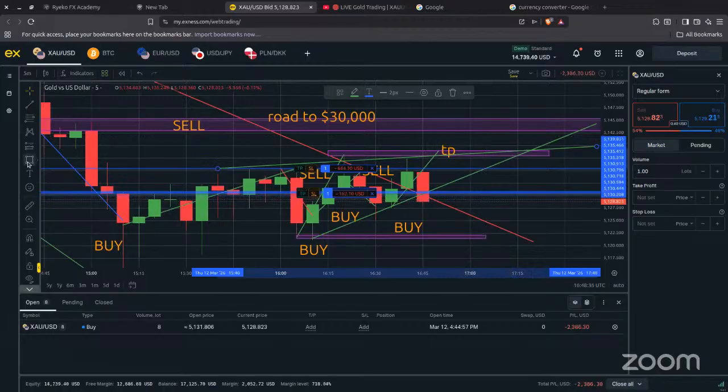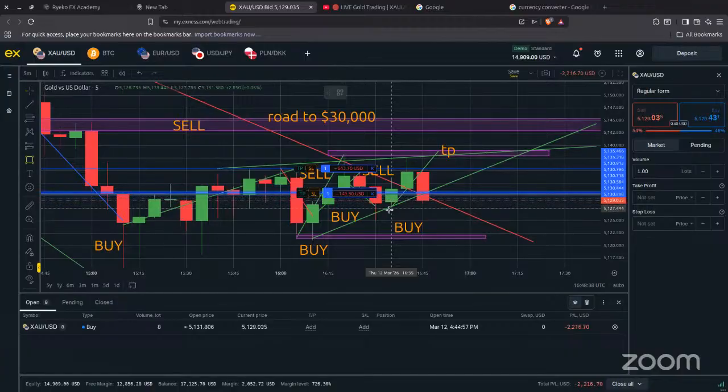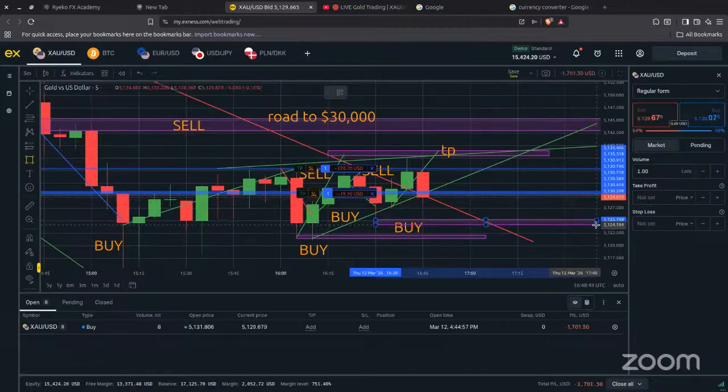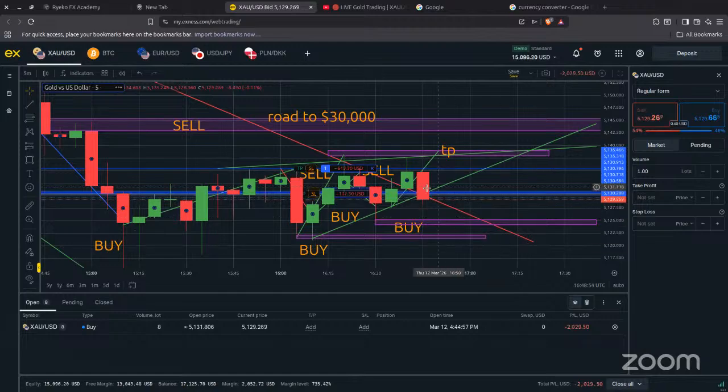Can I draw something here? This is the previous low. We can only be cautious if this candle closes below here, below the previous one.